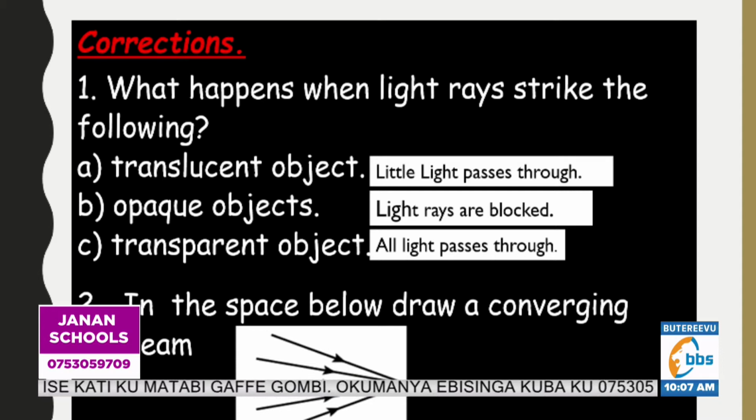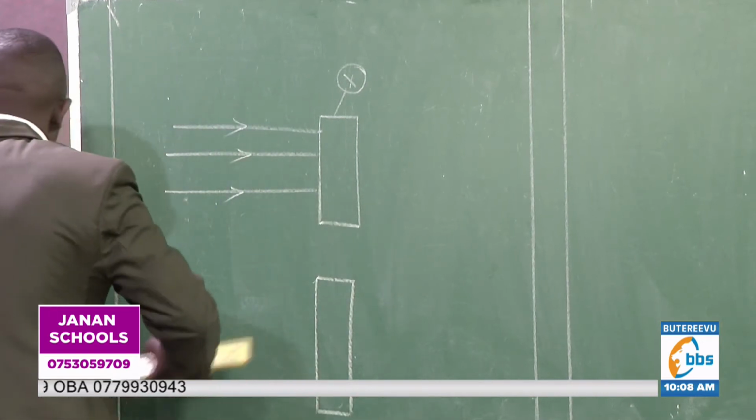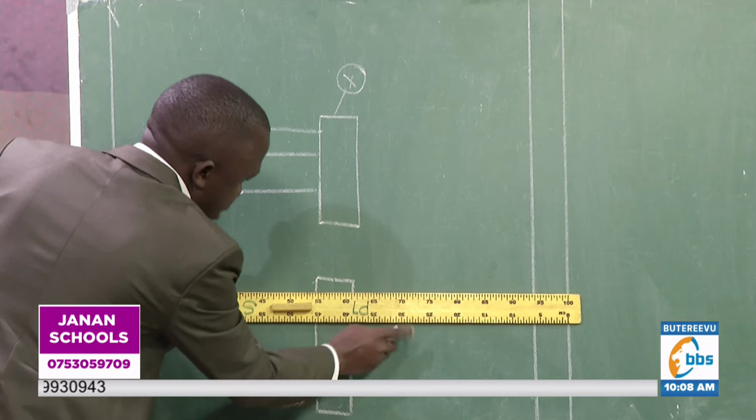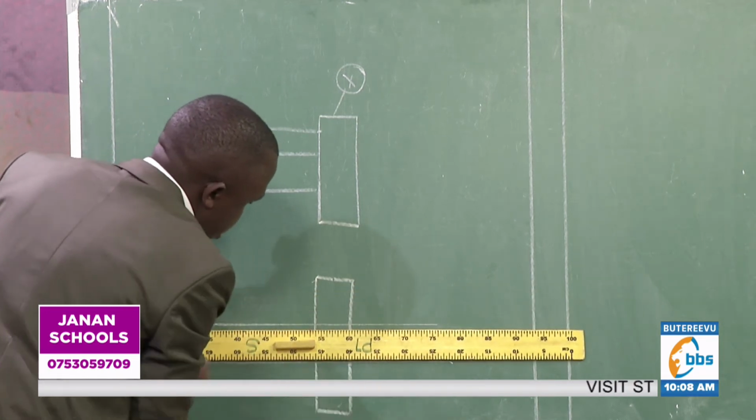All light rays will pass through. We are saying all light passes through, and this is what happens. I beg you to use a ruler because I need to represent exactly the ray.